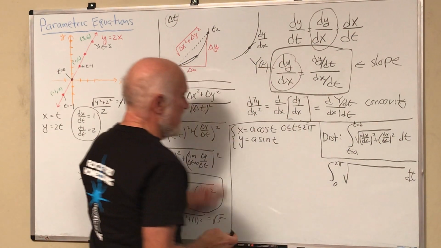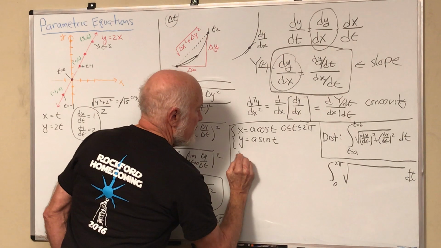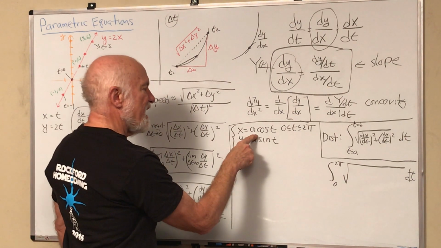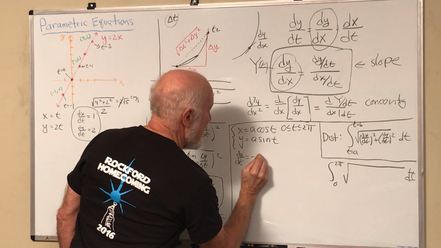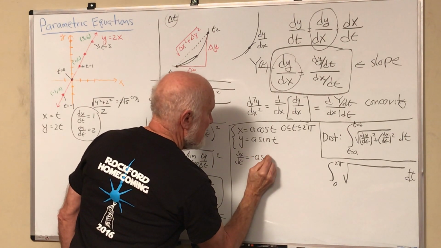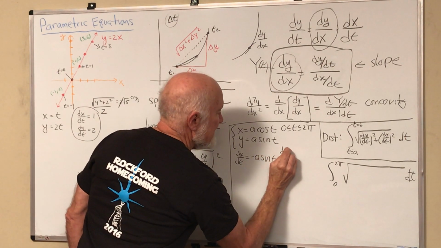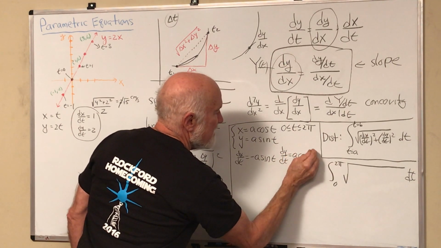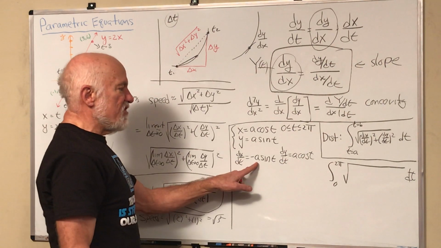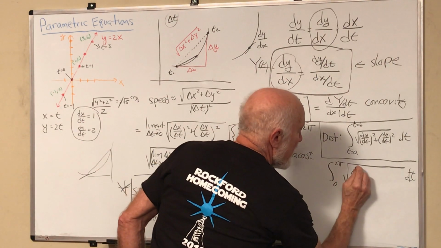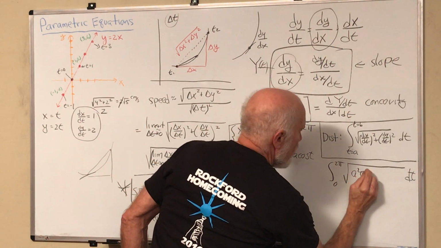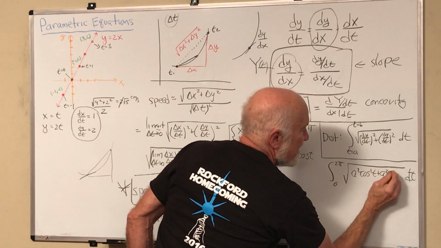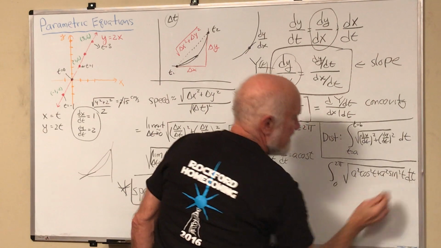and what is dx/dt? dx/dt is a times minus the sine of t. And dy/dt is a times the cosine t. So when you square this, you get a squared cosine squared t plus a squared sine squared t.